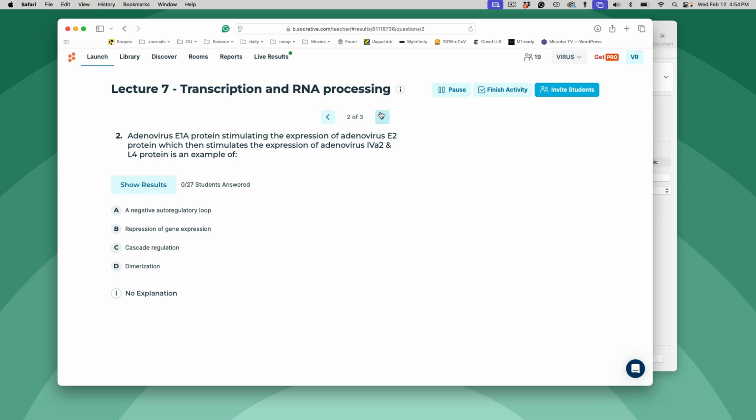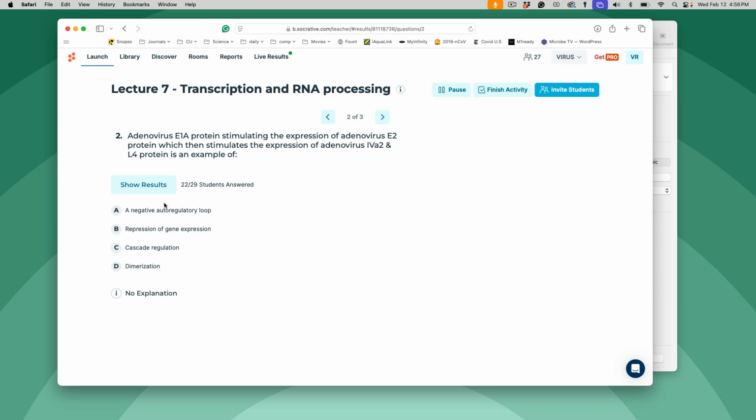Next question: is adenovirus E1A protein stimulating the expression of adenovirus E2, which then stimulates the expression of L2 and L4 late proteins, an example of a negative autoregulatory loop, repression of gene expression, cascade regulation, or dimerization?